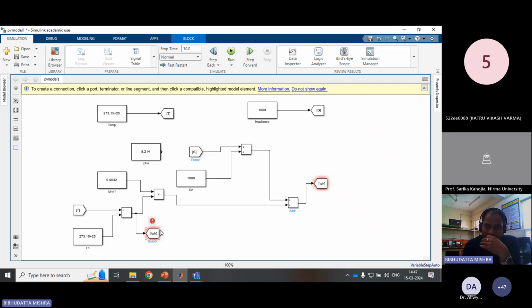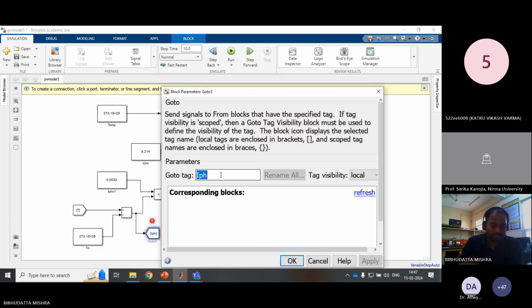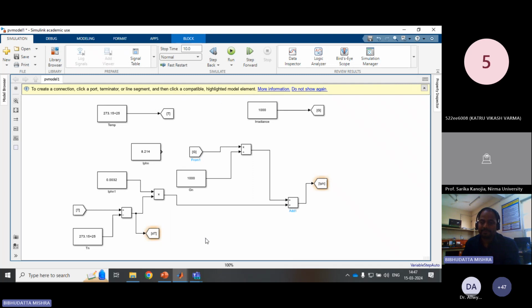Directly we can use that, that is dt, the difference of the nominal value of temperature and the temperature we need to assess for.